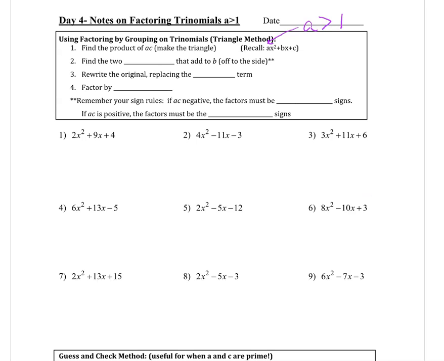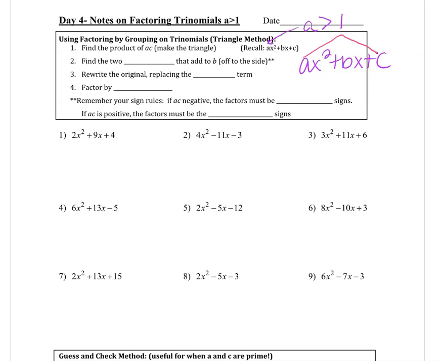So first let's fill in our steps. In order to do what I like to call the triangle method, which some people call the AC method, I'm just going to write this bigger. First step is we figure out what A times C is. And here's why we call it the triangle method. I'm literally going to draw a little triangle there to figure out what A times C is.